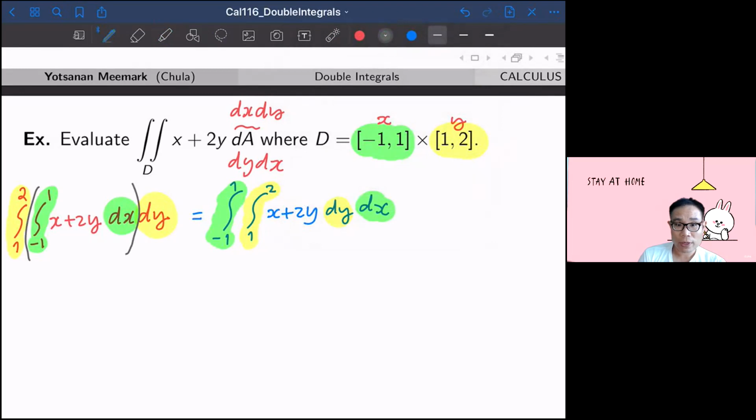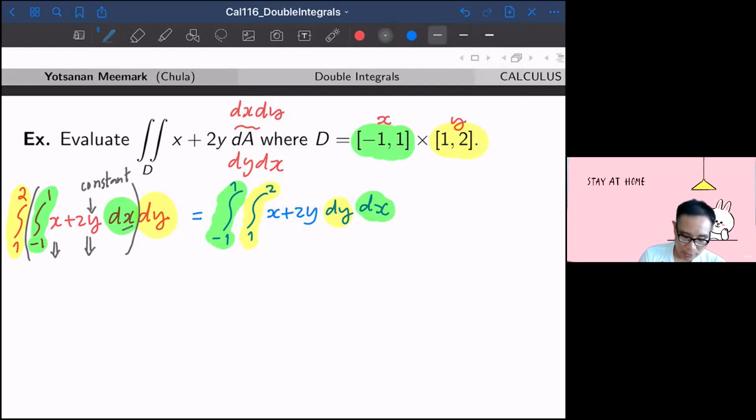How could we evaluate this? It's like in the previous clip where I asked you to integrate, and you see that you are integrating with respect to x. So you see 2y here turns out to be a constant. In this case, you just integrate each term.